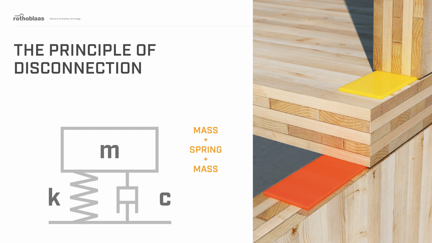Here, the construction technique is made up of a mass, spring material, and another mass. On the left is a diagram of the concept, and in the picture on the right you can see the mass, which is represented by CLT, and the spring material, which is the soundproofing profile.